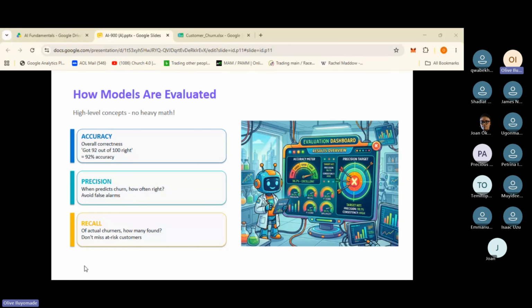We have to be sure that the ones that are churning, they are churning, and it is accurate, so that we can make the next decision on what to do to try and keep those customers that are likely to churn. So we have accuracy, we have precision, and we have recall.